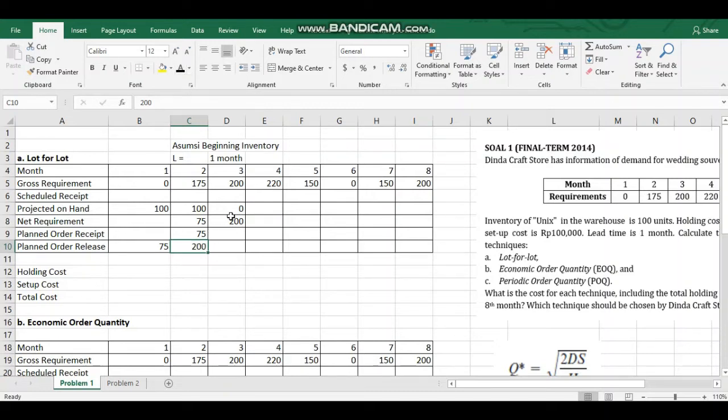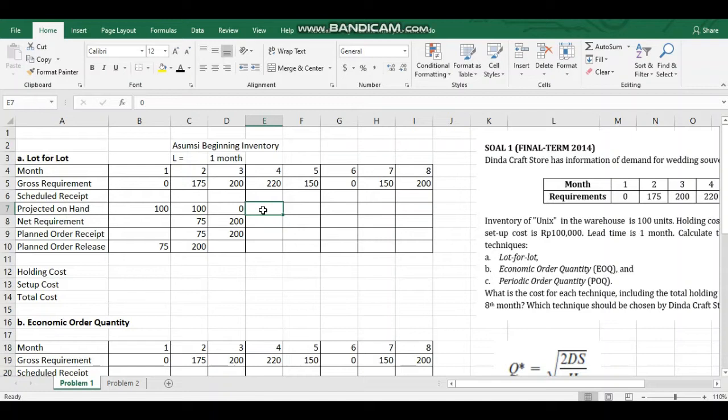It means we place the order of 200 units at the second month. So at the third month, those 200 units will arrive. Now these 200 units as our planned order receipt will be used to fulfill the gross requirement for the third month.